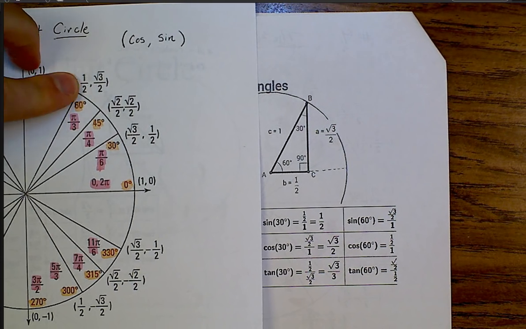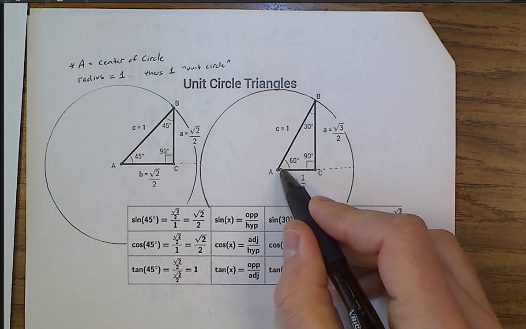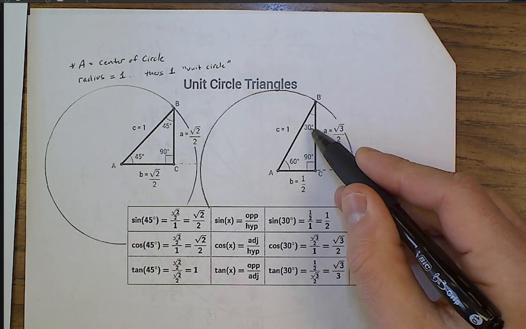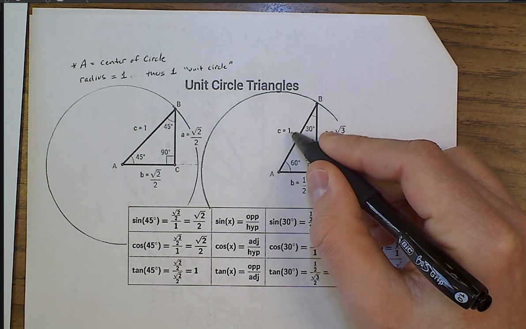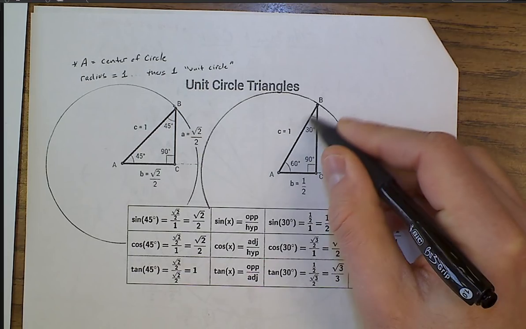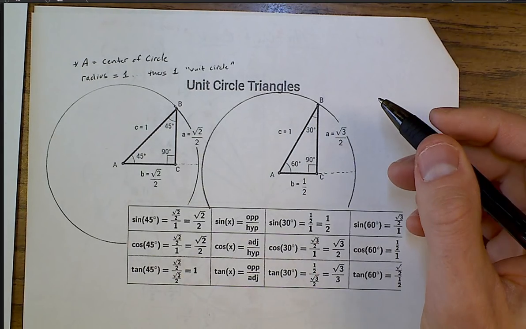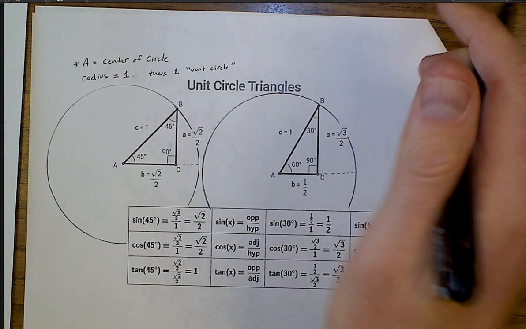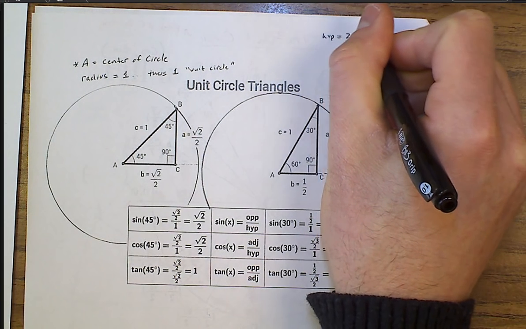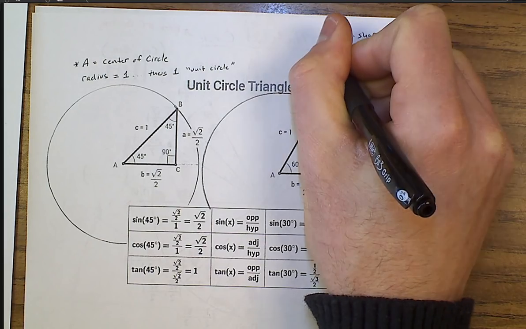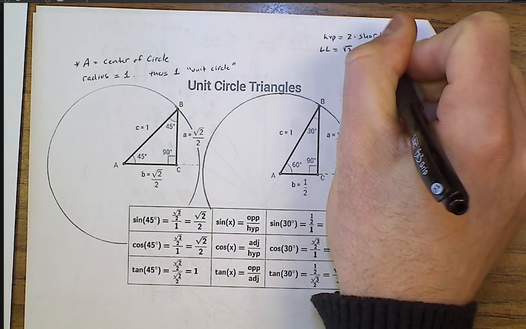Well, it's all about right triangle trig. So here's your 60-degree angle, here's your 30. Remember, this hypotenuse is 1 because it's a radius, it's a unit circle, 1 unit. And remember our rules about 30, 60, 90s: the hypotenuse is always 2 times the short leg, and your long leg is the square root of 3 times your short. Those rules are coming back into play.